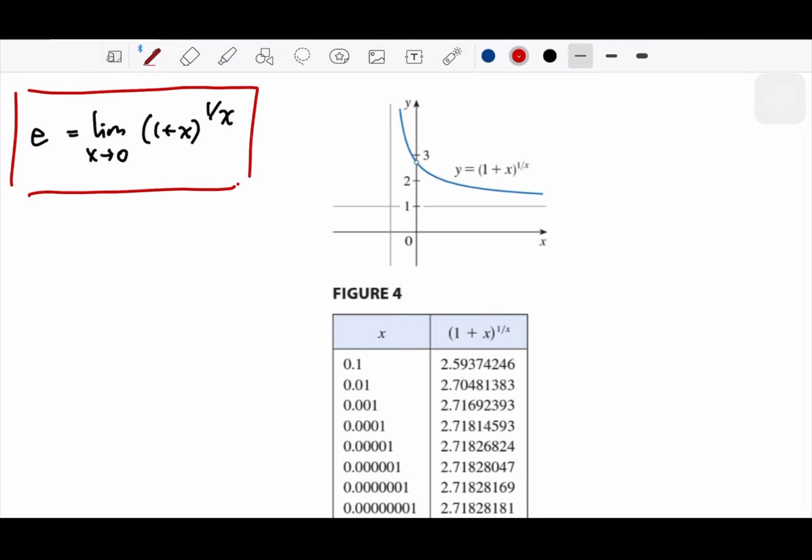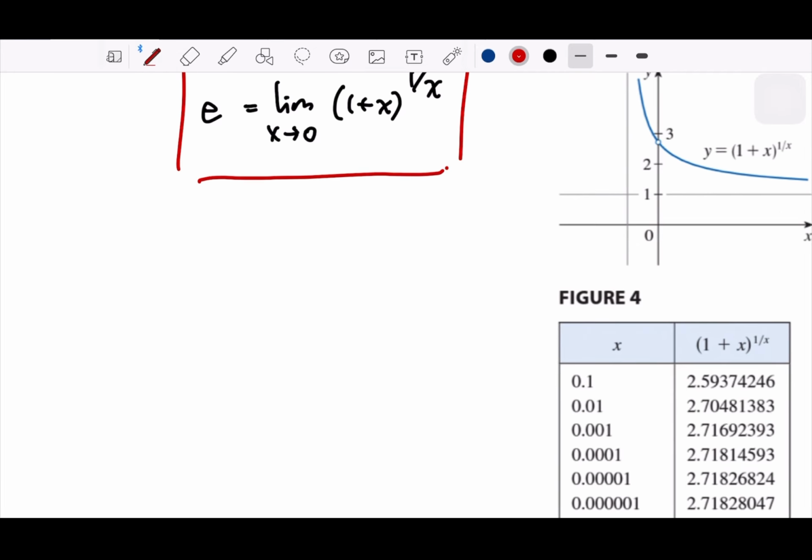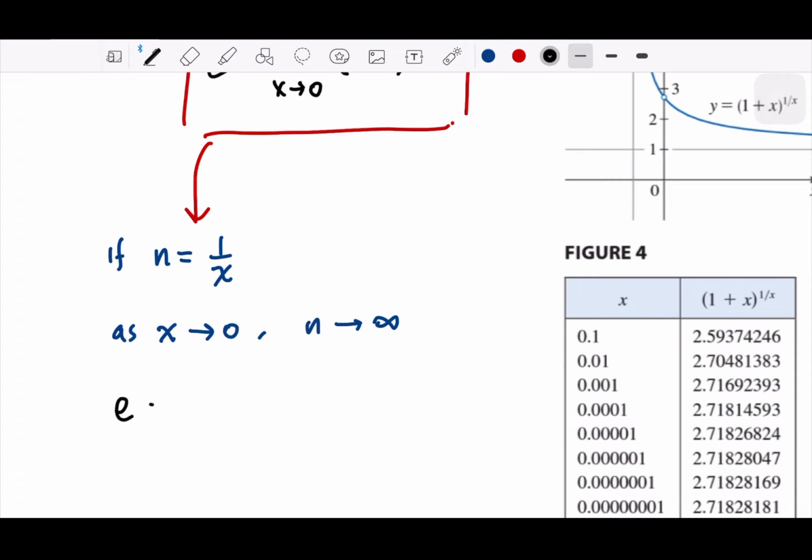And another way to look at e is to set it up in terms of n, where n is 1 over x. As x gets to 0, then n gets to infinity, in terms of limit. Then we can set up e in terms of n, and exchange everything with this.